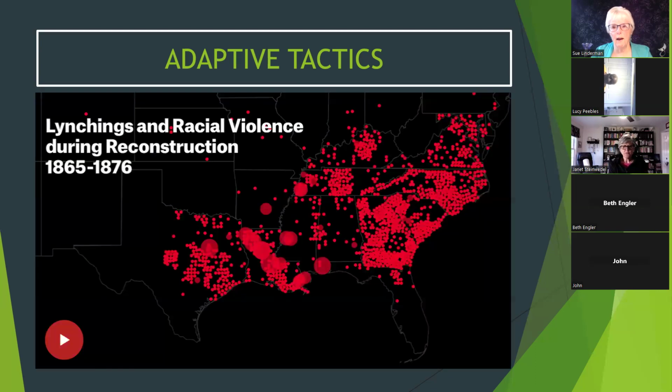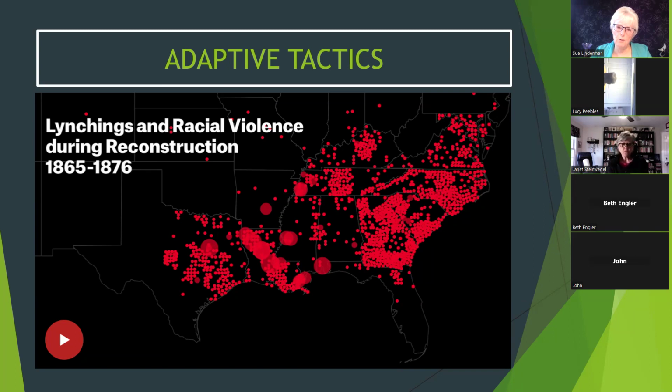We revisit the graphic that we saw back in week 2 that saw the preponderance, the enormous number of lynchings that took place during Reconstruction while the federal troops were present in the 5 military districts that oversaw the 10 states that had been in rebellion. And we know that out of all of those lynchings, there were 34 documented mass lynchings, the bigger red dots that show up on the map.